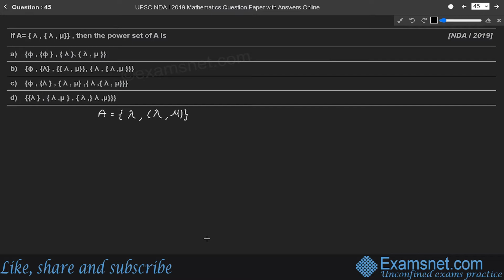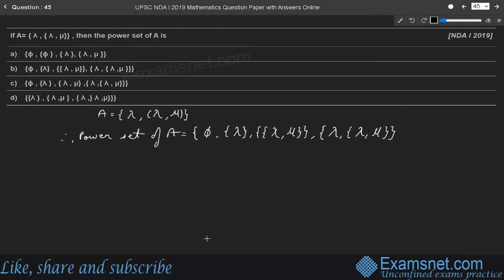It comes from the topic sets and we have to find the power set of A. So we know that the power set of A means all the subsets of A. Therefore, the power set of A will be equal to {empty set, {lambda}, {mu}, {lambda, mu}}.